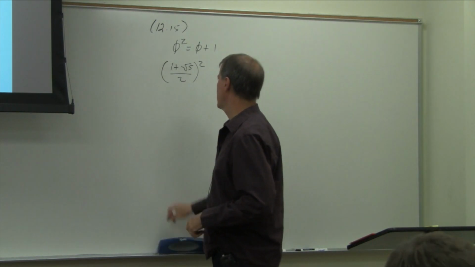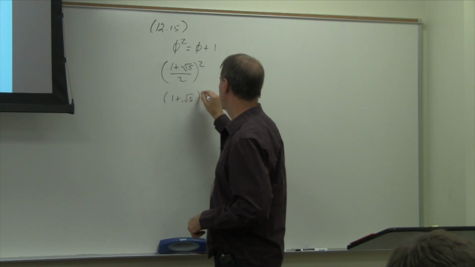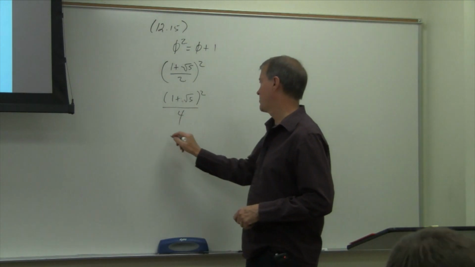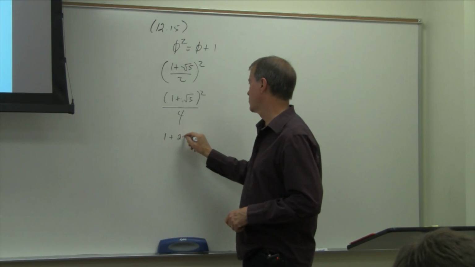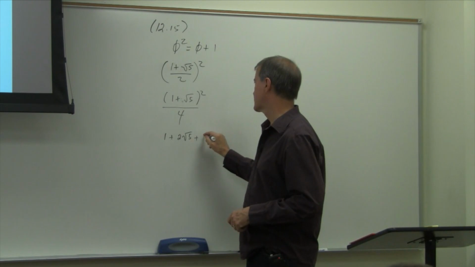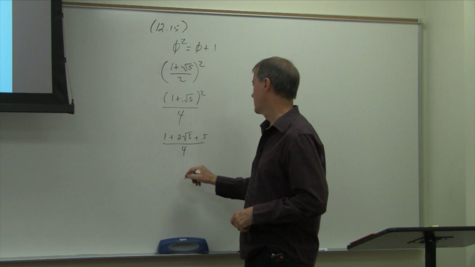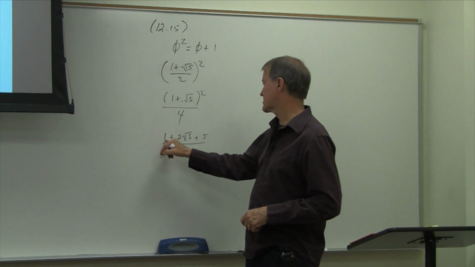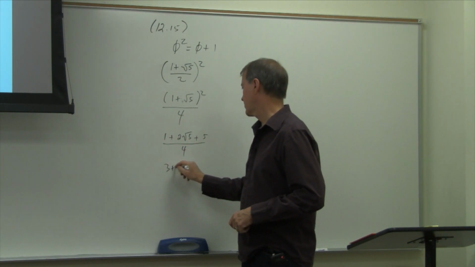This would be 1 plus the square root of 5 squared over 4, right? And then this would be 1 plus 2 root 5 plus 5 over 4. So this would be 6, 3 plus root 5 over 2.